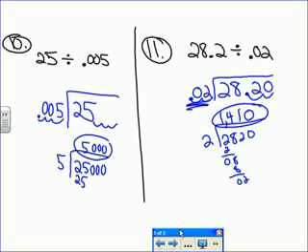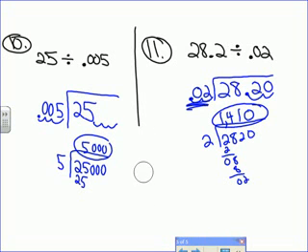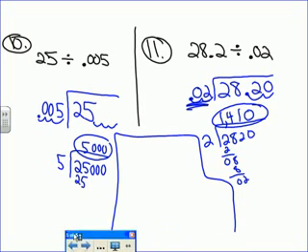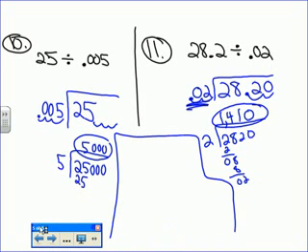So I'm going to give you guys some time to work here. These are the ones that I want you to do. I'm not going to give you that many of them. I want you to do them without a calculator.